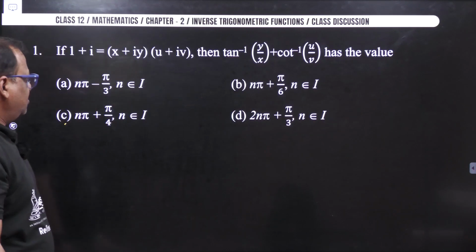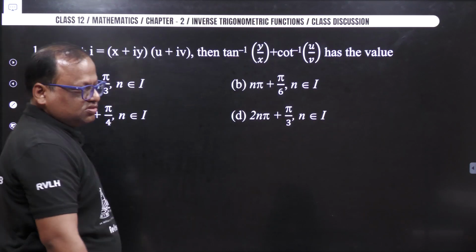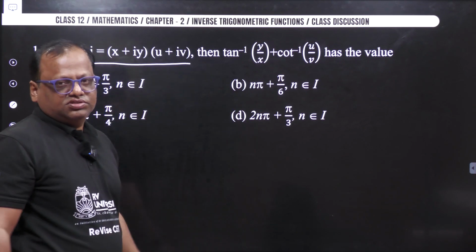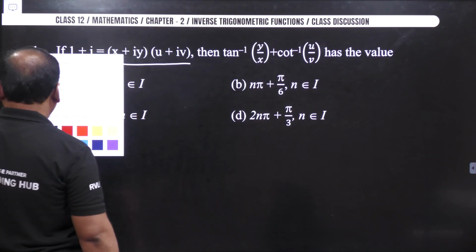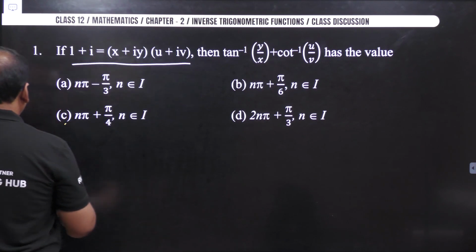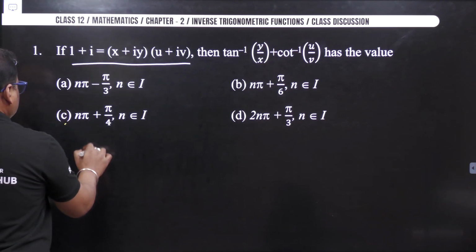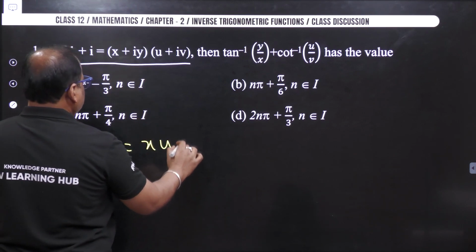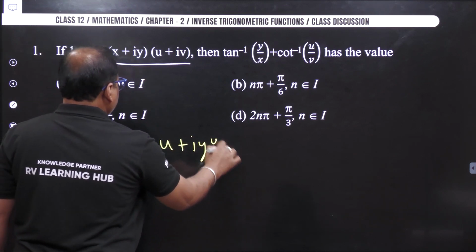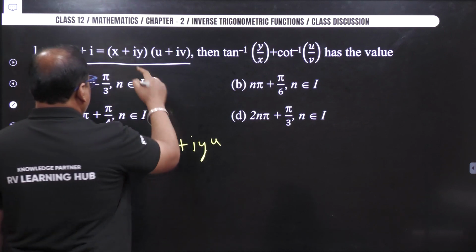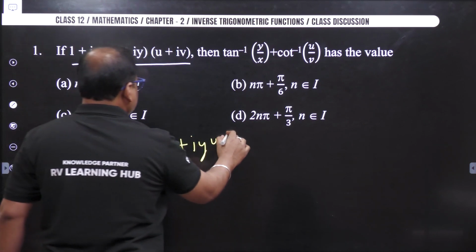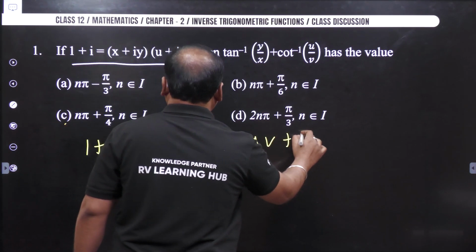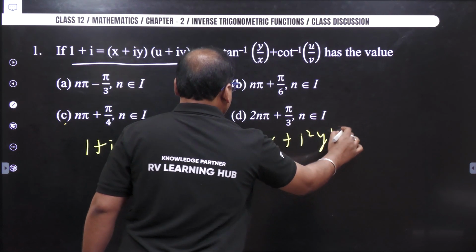I found a shortcut. Let me tell you the shortcut. First you must simplify this. We can't avoid it, so let us simplify this. 1 plus i is equal to, let me multiply: xu plus iyu plus ixv plus i square yv.